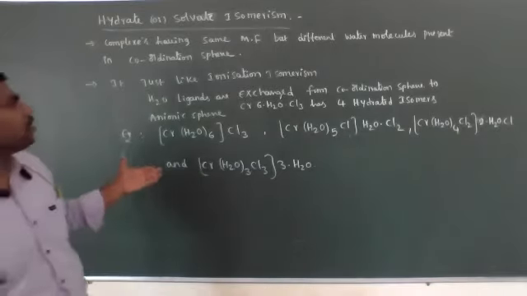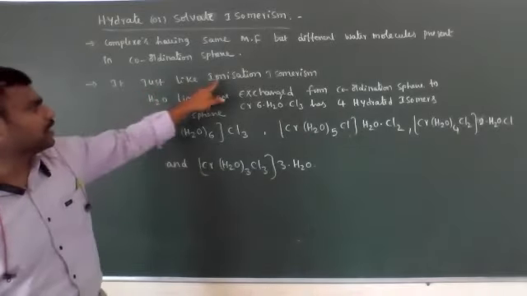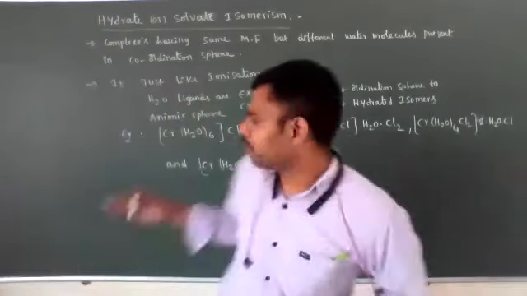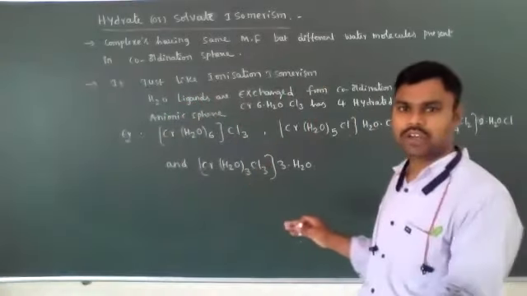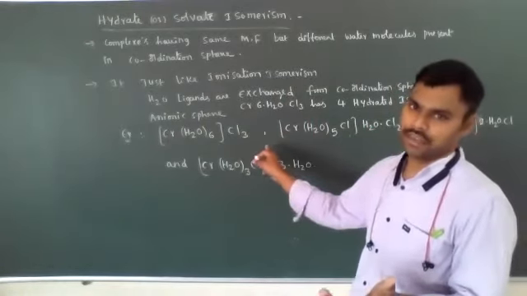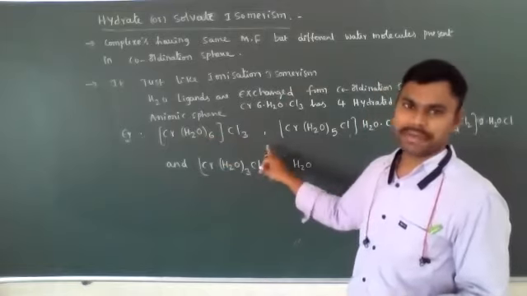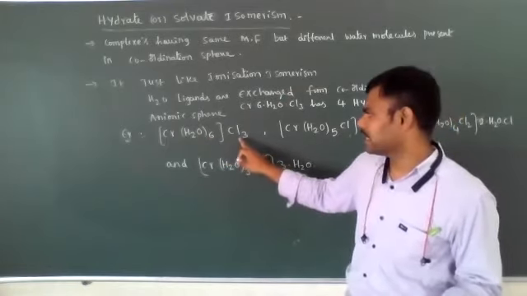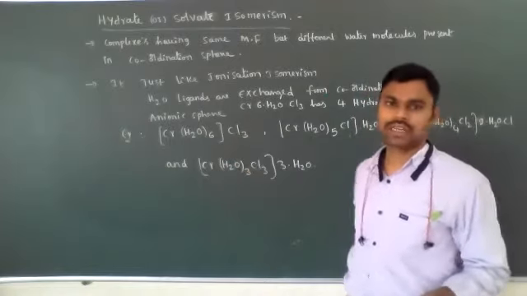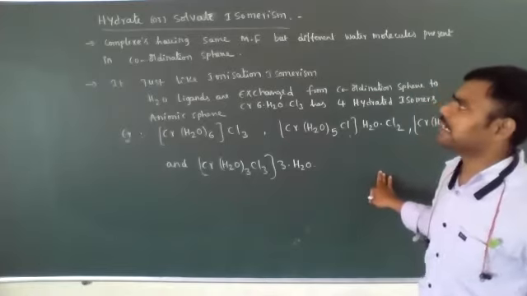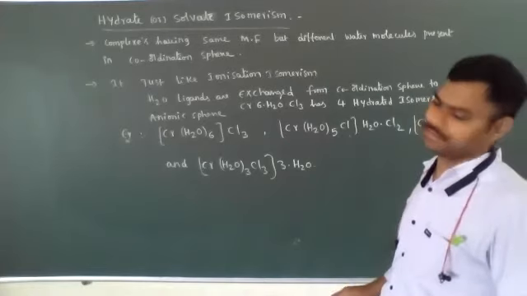This is one special condition, just like ionization isomerism. The water molecules are transferred from the coordination sphere to the anionic sphere, and the ions in the anionic sphere go to the coordination sphere. So this is known as hydrated or solvate isomerism.